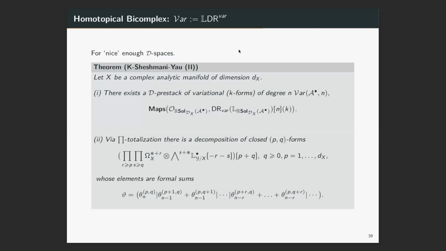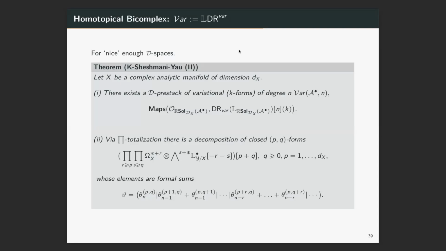So you can define, following the Pantev, Toën, Vaquié, Vezzosi, the PTVV shifted symplectic paper, they give this stack of shifted differential forms, and what it means to be shifted and closed in a derived setting.